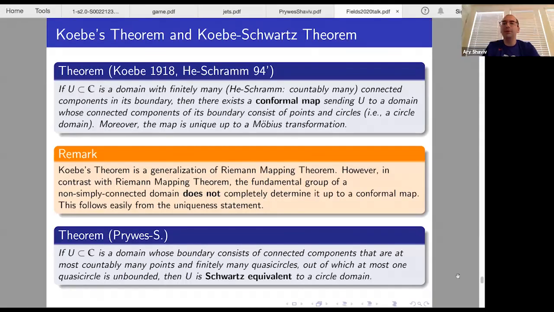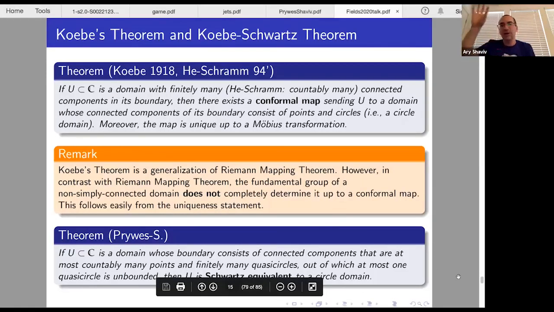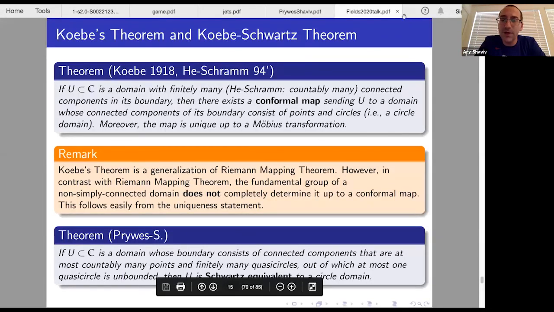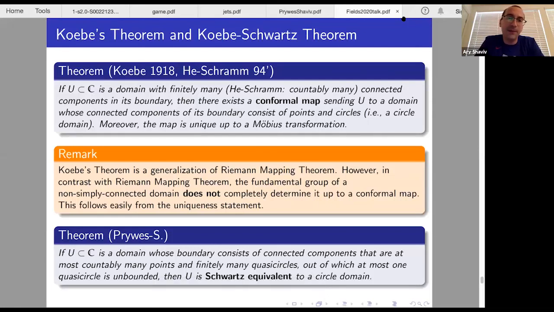So we take the complex plane, we cut out five Koch snowflakes and a few other rectangles, and we also take out the entire half plane, then this is Schwarz equivalent to a circle domain. The proof of this theorem is essentially saying, let's take the map that Koebe gives us, and let's show that it extends to a quasi-symmetry on the complex plane, and by Hölder, this is enough to give us everything we want.